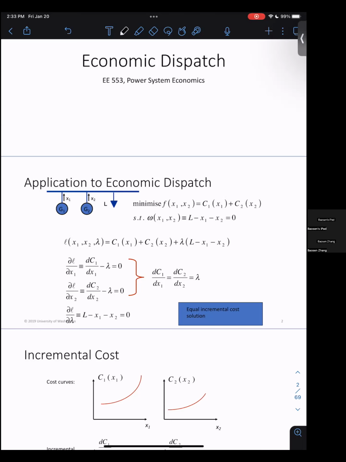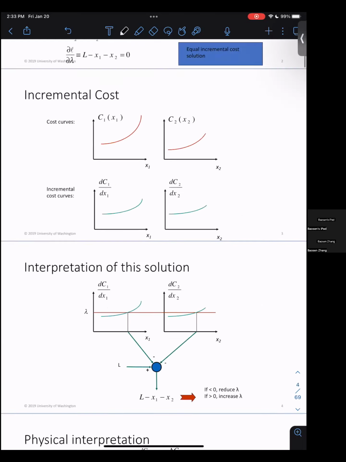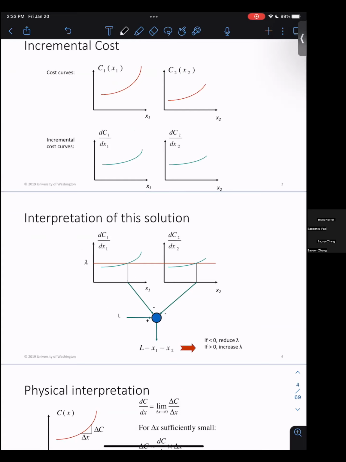So there's a clear interpretation for this. The physical interpretation is the same: you have some load, and then you look at the price. If you're generating too much, this thing is negative, you reduce your cost, you can get a less costly solution, and the price goes down.